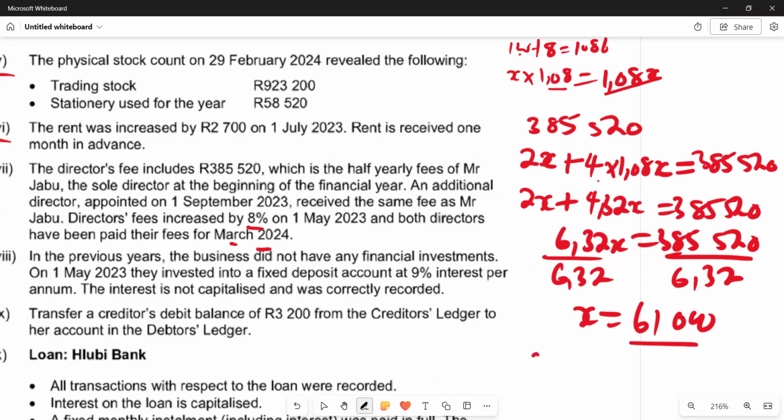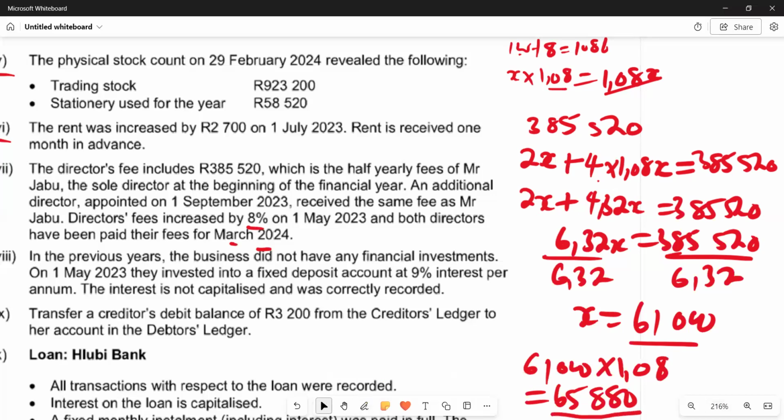So 61,000 times 1.08 gives us 65,880. So 65,880 is the figure that we have after the increase.